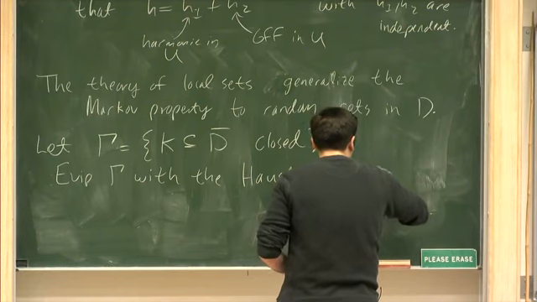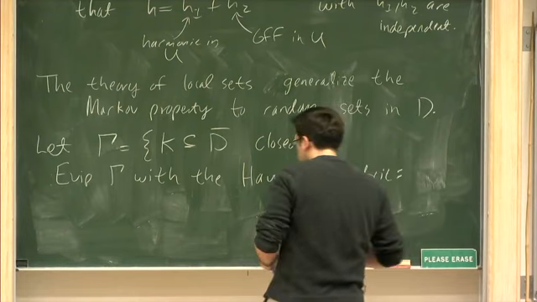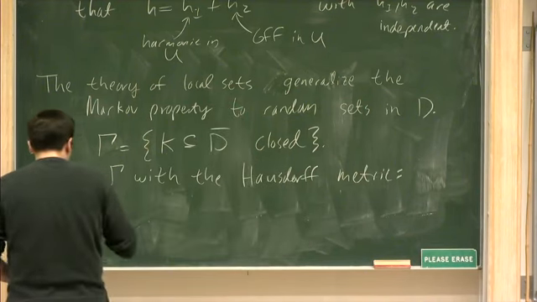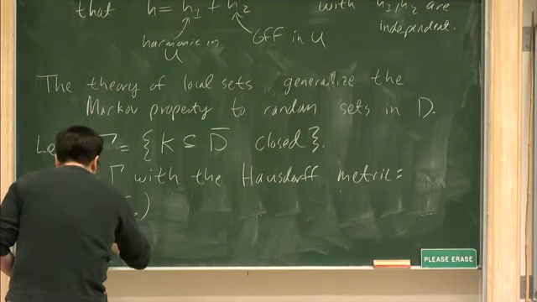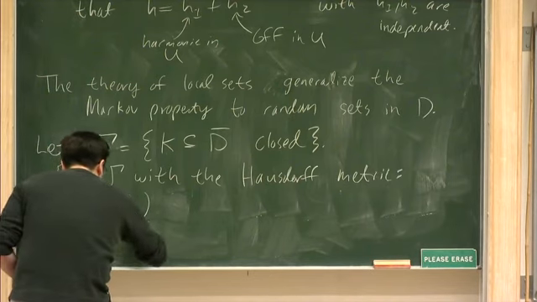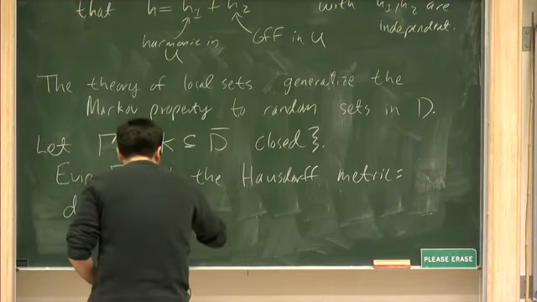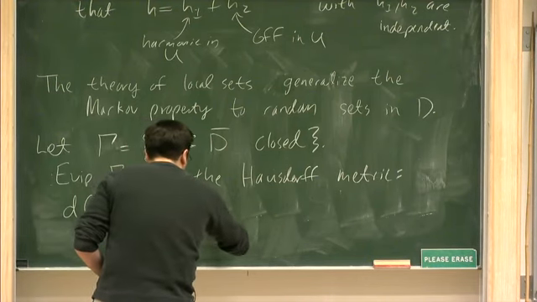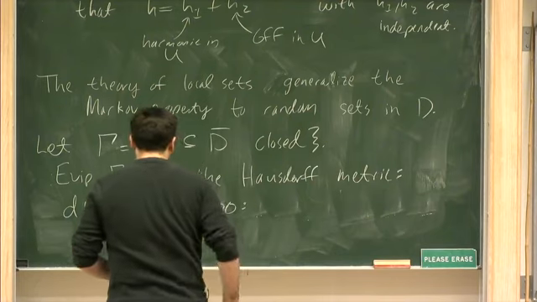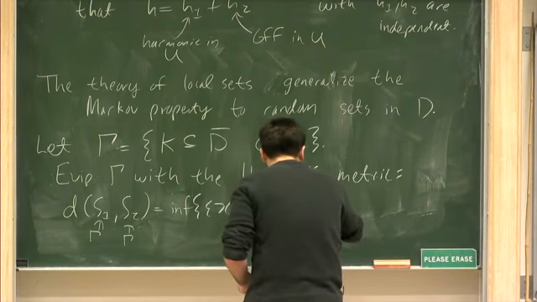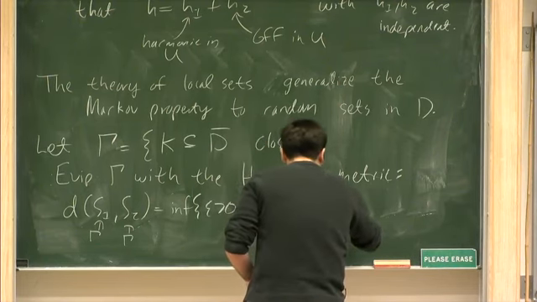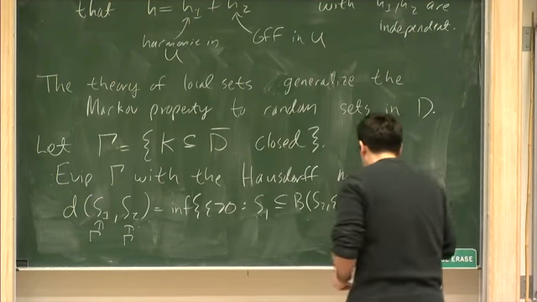And let me just remind you that the Hausdorff distance for sets S1 and S2, which are both in gamma, is just given by the smallest positive epsilon such that S1 is contained in the epsilon neighborhood of S2 and vice versa.